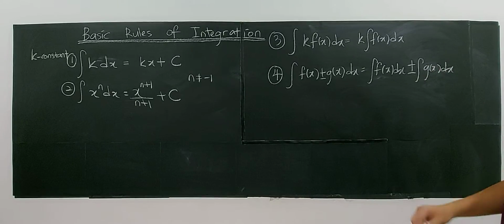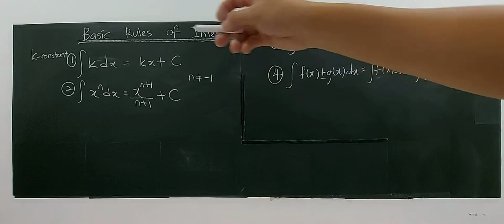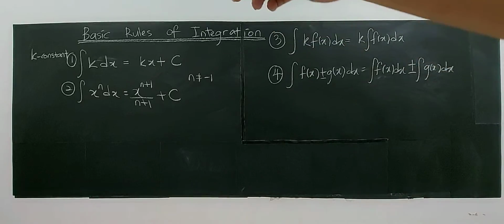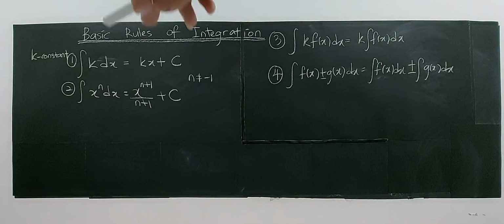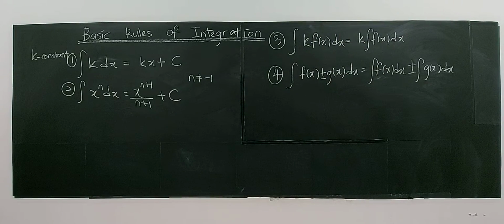These two rules are the most important ones, and you have to master these basic rules before you go into the advanced techniques of integration. Let's see some examples involving basic rules of integration.